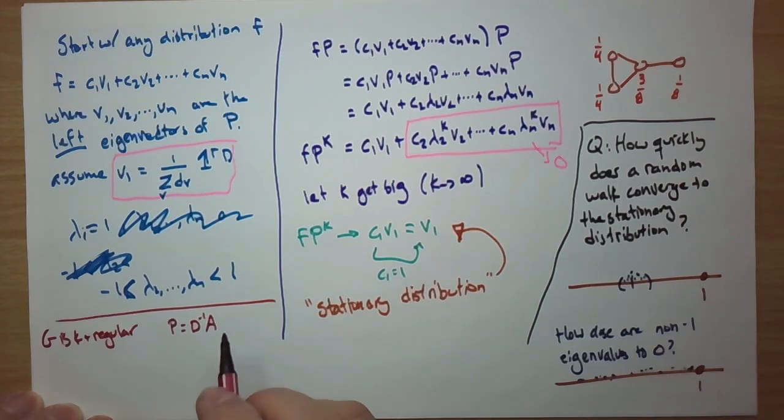Yeah, because D inverse is constant on the diagonal, you can pull it out, and it's a constant times the identity, so P is 1 over K times A. So you can quickly compute the eigenvalues. If you know how to compute the eigenvalues for the adjacency matrix and it's regular, it's a freebie.